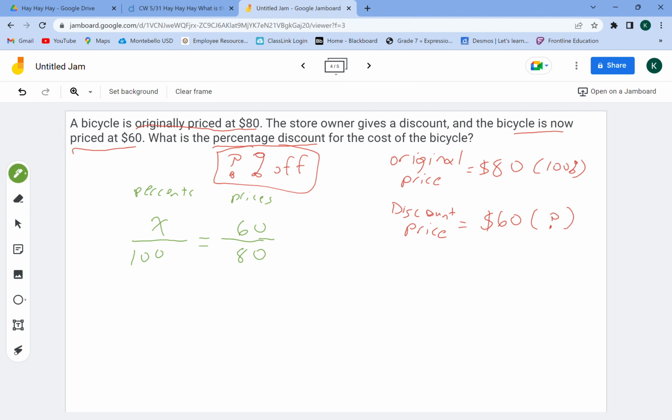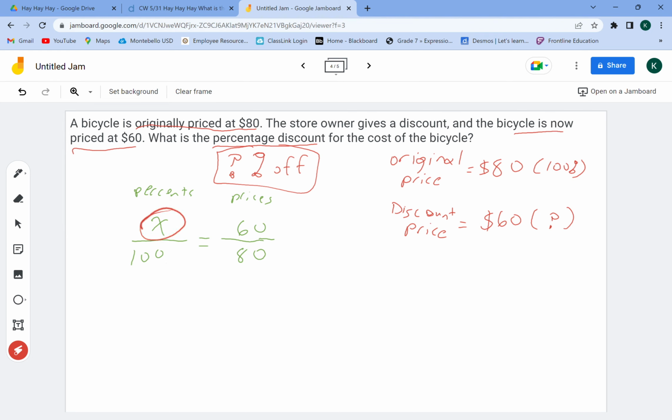One method I always encourage you to do is to ask how do I go from 80 to 100. But let's suppose you're running out of time and you don't have time to do all that. There's another method we discussed on how to solve proportions. What you want to do is leave x by itself.